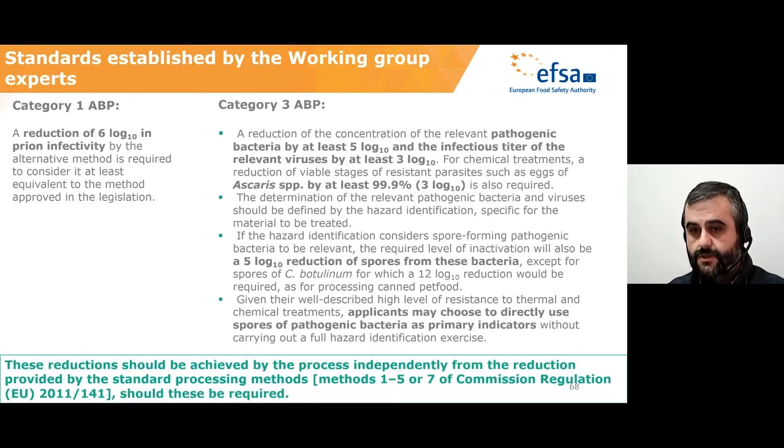So they choose spores of pathogenic bacteria as primary targets without carrying out such a complex hazard identification exercise to identify the most relevant hazards that may be present. Because in principle, any method that provides this level of reduction of pathogenic spores in the material should also be capable of reducing any other pathogenic bacteria or viruses that may be present, considering that TSE agents or prions should not be present in category 3 material.